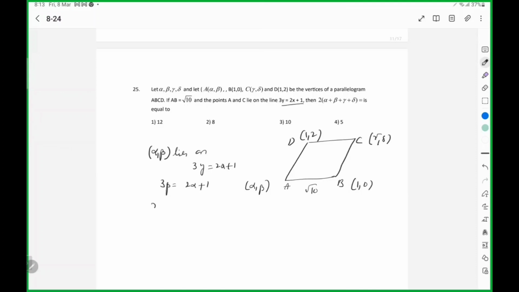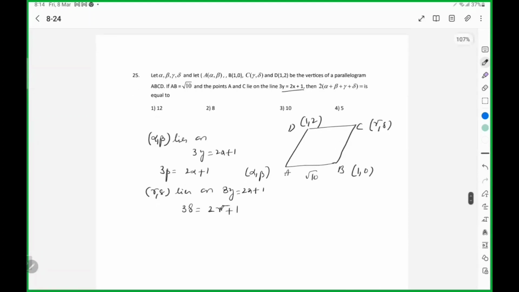And gamma, delta also lies on it. 3y here is 2x plus 1. So 3 delta is 2 gamma plus 1.